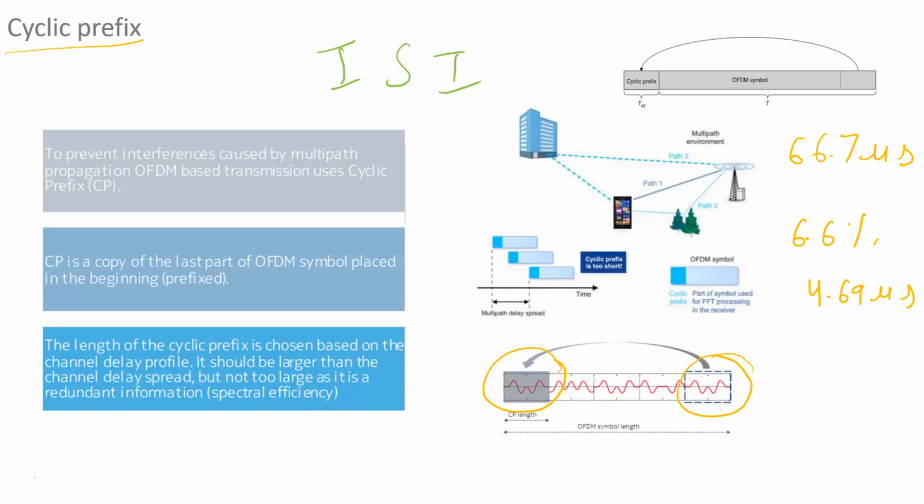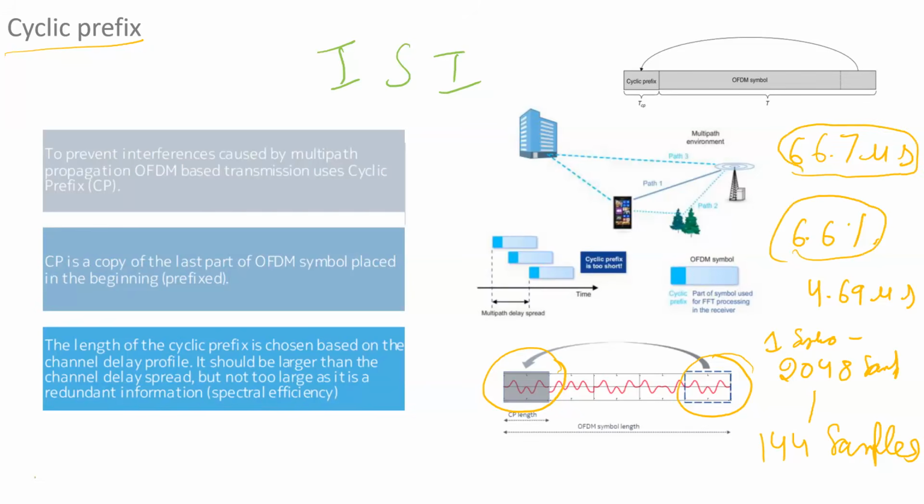In case of LTE, we have 2048 samples in one symbol, and 7% of this is around 144 samples. So 144 samples are used for cyclic prefix, or you can say 6.6% of 66.7 microseconds is used for cyclic prefix.